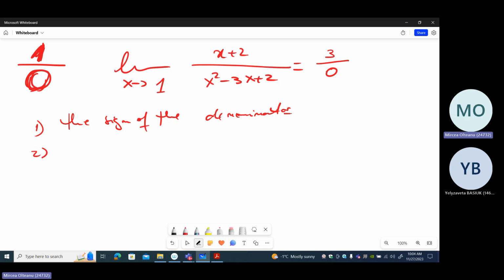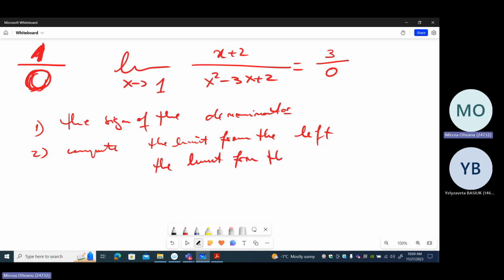And the second step is to compute the limit from the left and the limit from the right. We shall explain what that means.